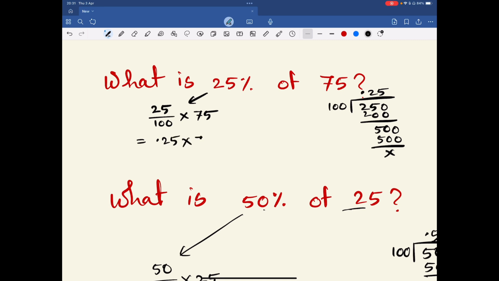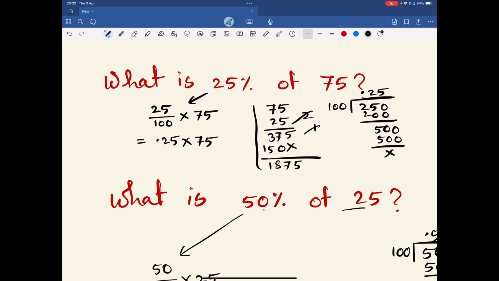Now times with 75. And work out this multiplication. 75 times 25. So 5 times 5 is 25. 5 times 7, 35, plus 2 is 37. And then 5 times 2, 10, 0 there, 1 in hand, 7 to 14, and 1, 15. And then 5, 7, 8, 1.